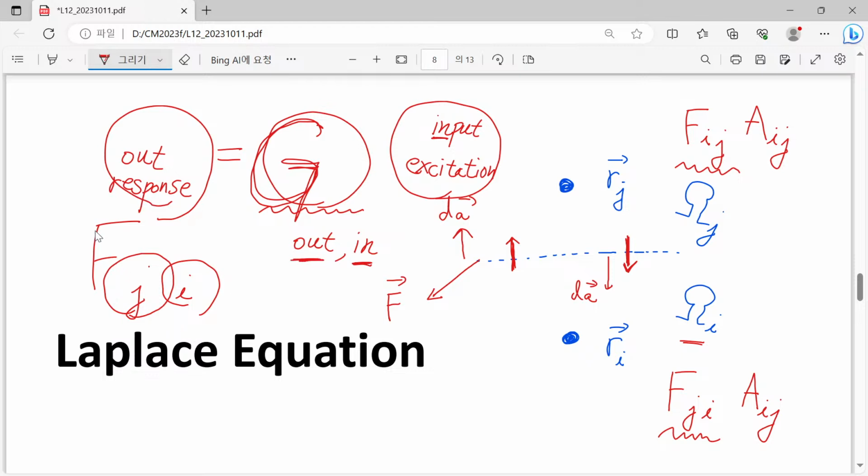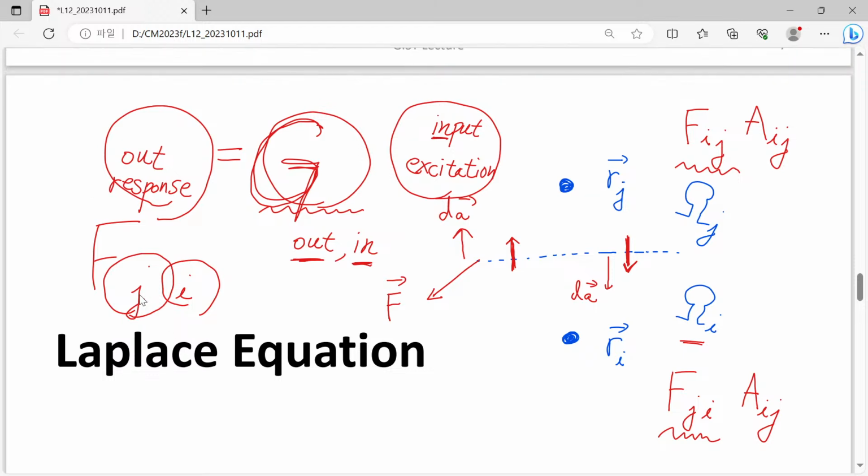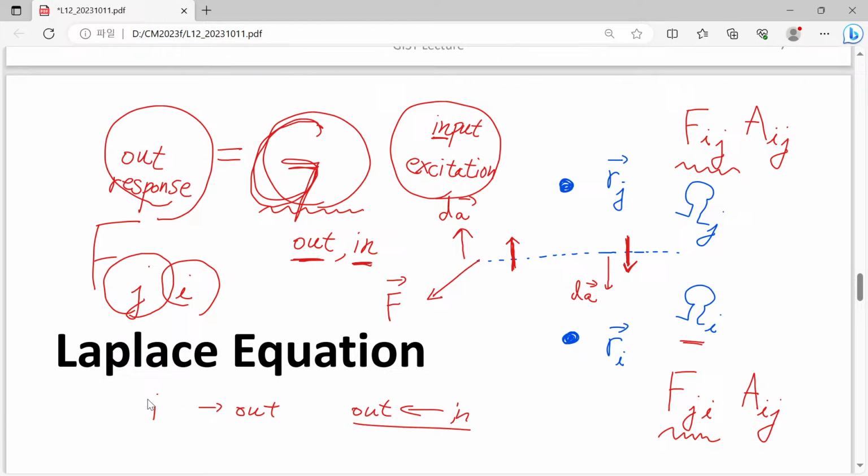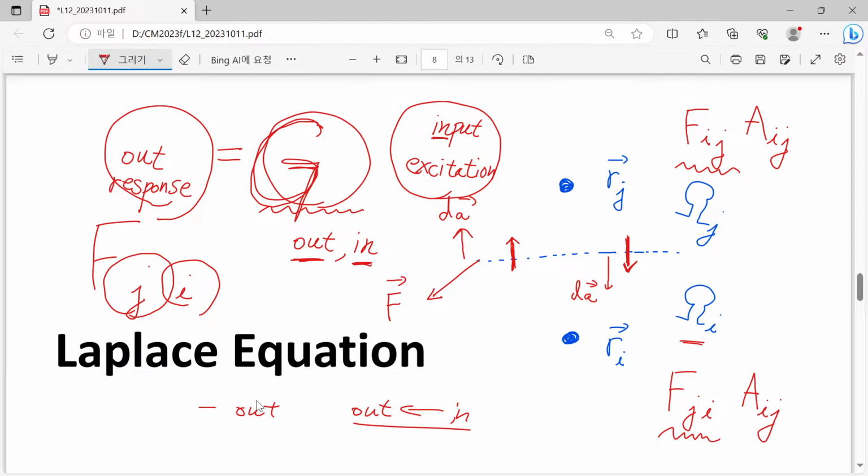So it is quite common in many cases to denote a certain quantity relating input and output, not in a way of input to output, but output input. This is quite a usual way. So that's the reason why I have introduced this kind of notation.